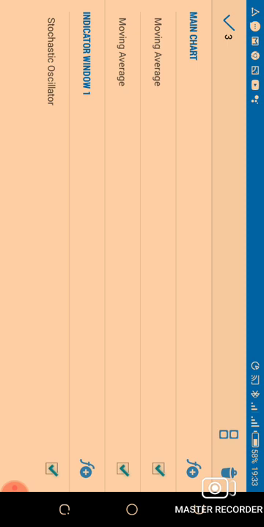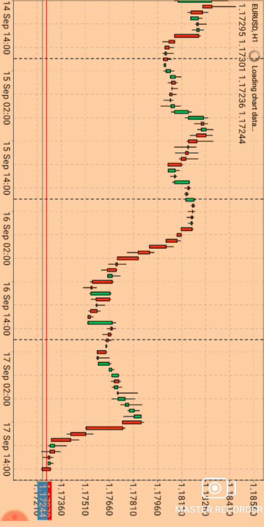I'm removing all the indicators here first. Okay. Now I have only the candlesticks on my chart. Now, if you have written down your pivot point, your R3, R2, R1, S1, which is support level 1, 2, 3 down, now we want to use it.